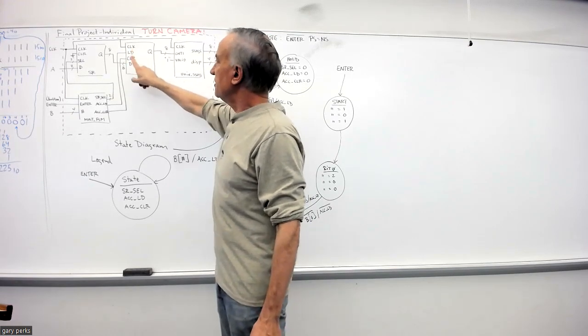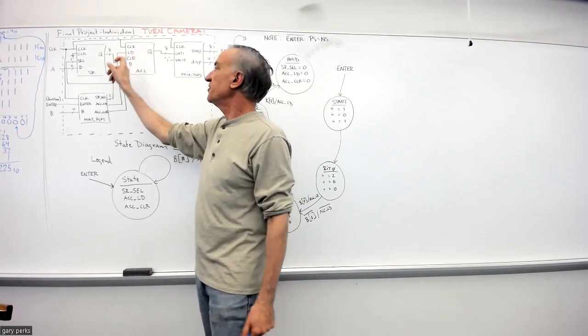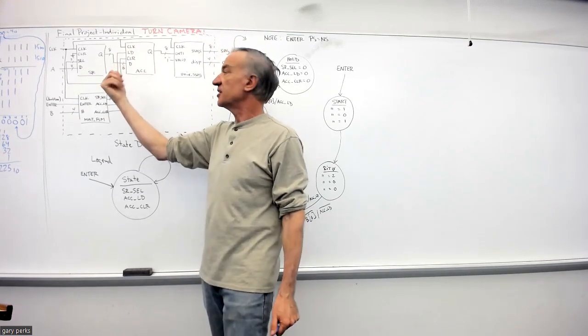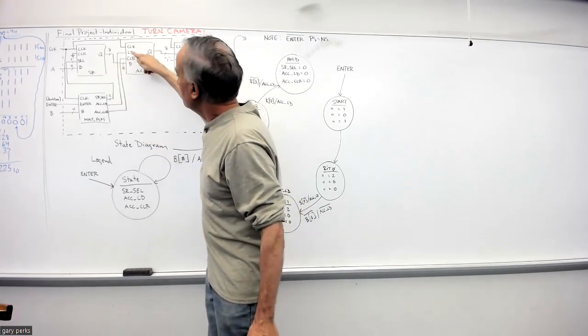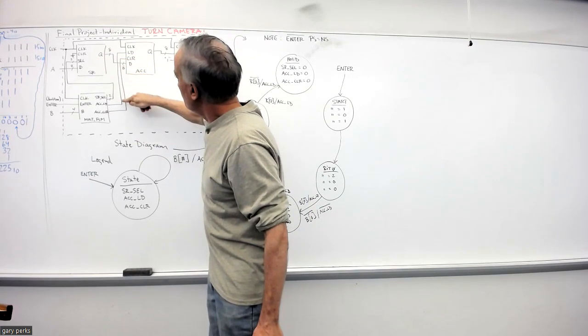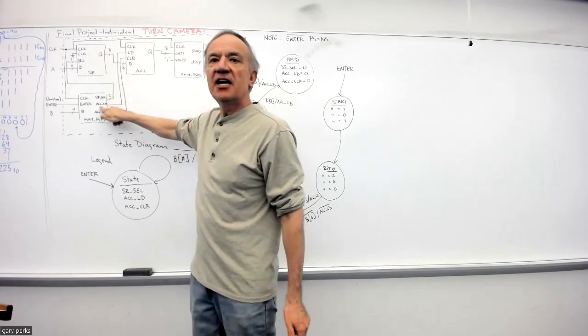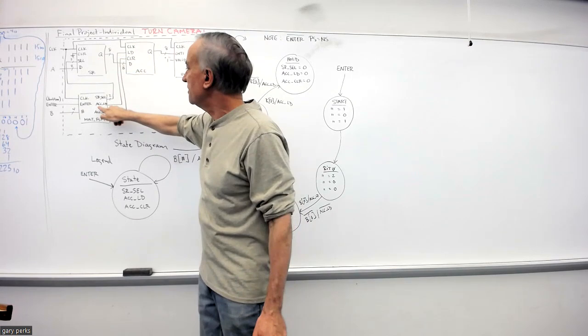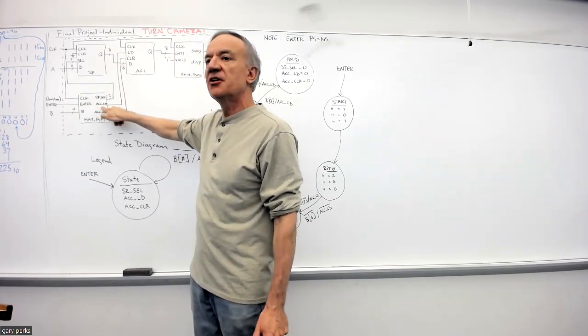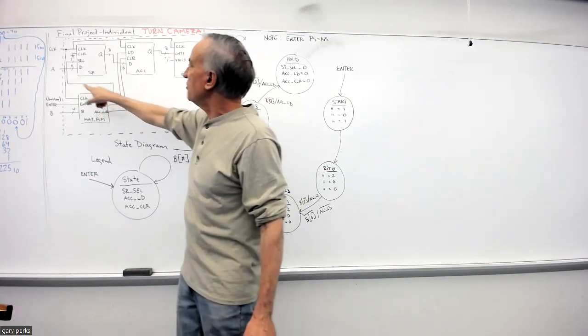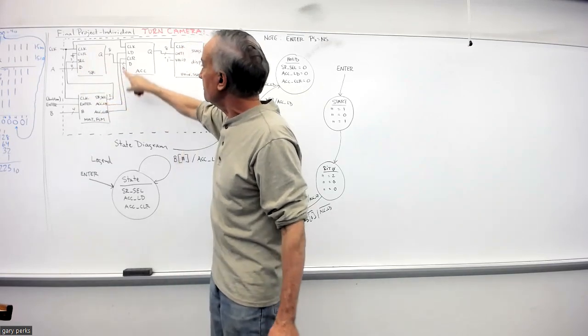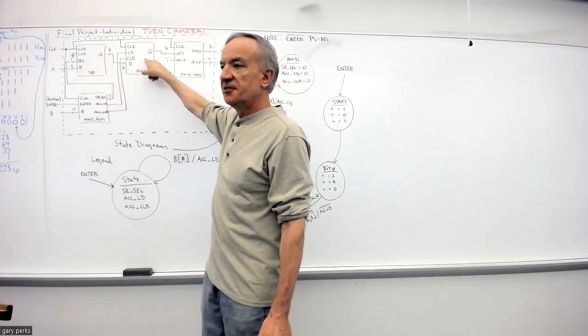And if load is not a 1, if you're not loading, then you're just storing. Now if you look at the load input of the accumulator, it goes to an output of the FSM, this output ACC underscore load. So the FSM is not only controlling the shift register, but it's also controlling the accumulator.